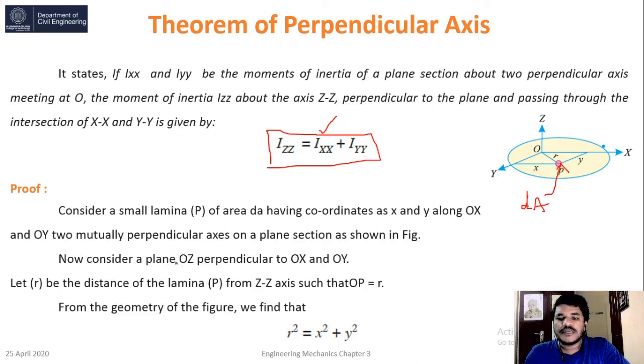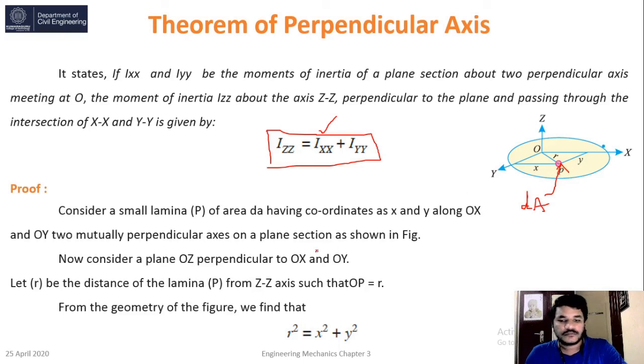Now consider the third axis OZ, perpendicular to OX and OY. Let R be the resultant of these x and y, the distance of lamina P from the Z axis, such that OP is R. From the geometry of the figure, we find R square equal to x square plus y square.